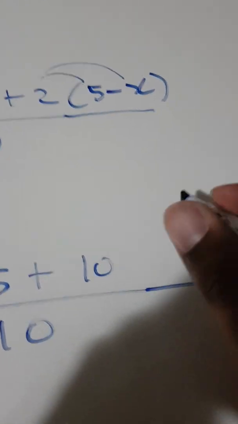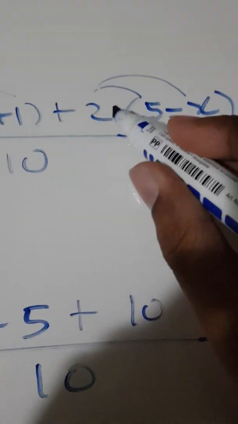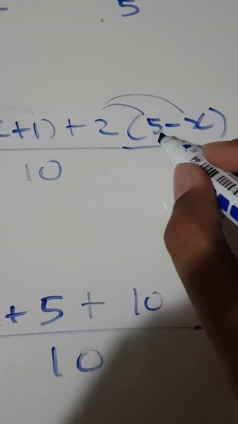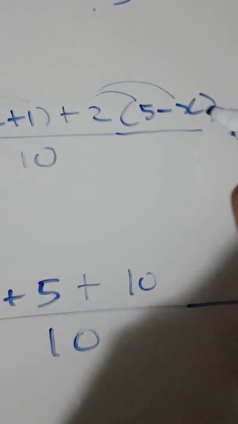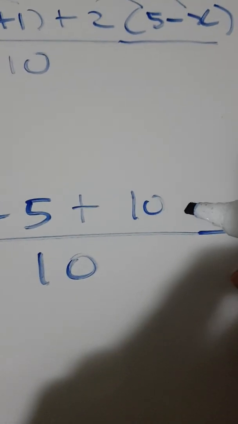So we get 10, because 2 times 5 gives us 10. Now positive 2 times minus x will give us minus 2x.